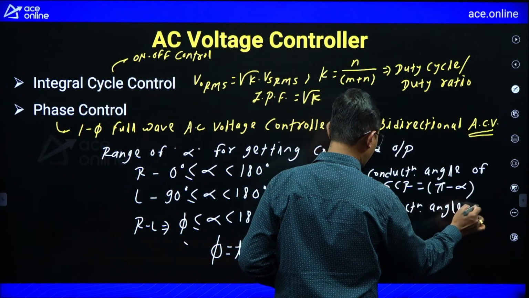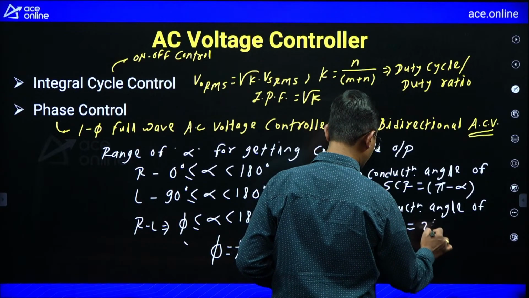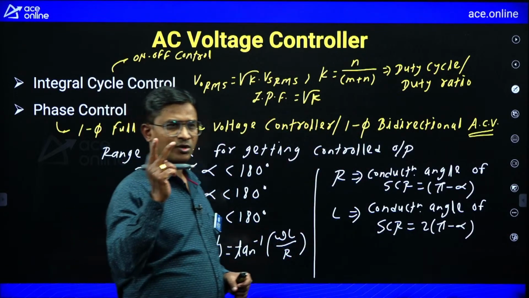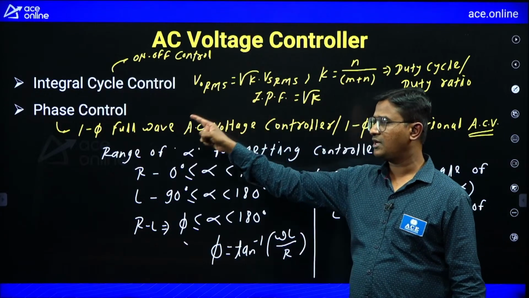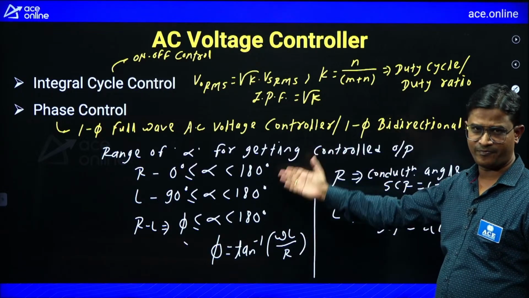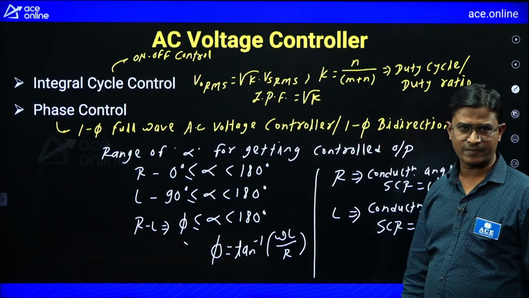So in the AC voltage controller, you need to focus only on these two circuits, integral cycle control and phase control. In phase control, these are the important points. You can expect fewer questions on the AC voltage controller.